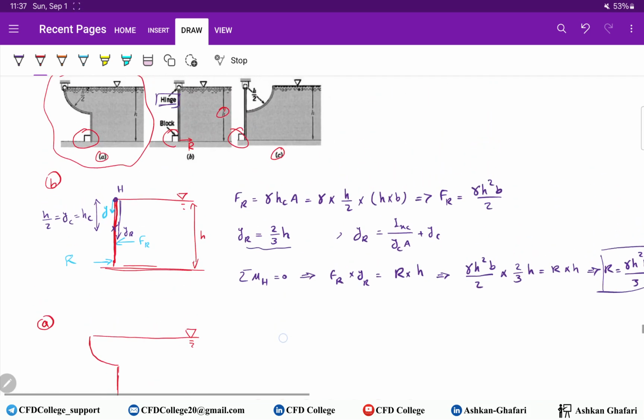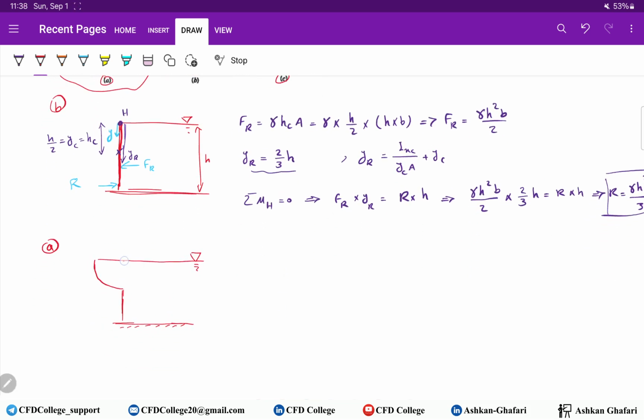The radius here is at the hinge. The radius of this circle is h over 2, and this distance is h over 2.